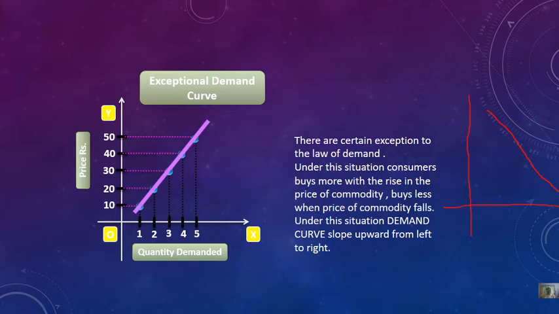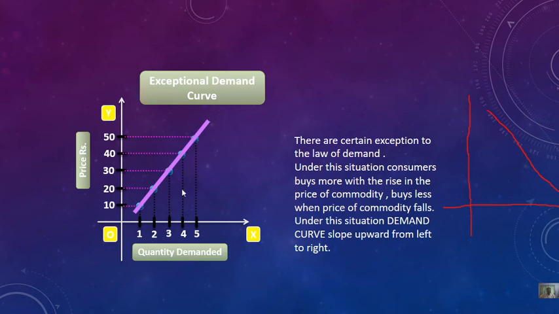But in the exceptional demand curve, the consumer buys more when prices are higher. When prices fall, they buy a minimum or lesser quantity. So this shows the exceptional demand curve.